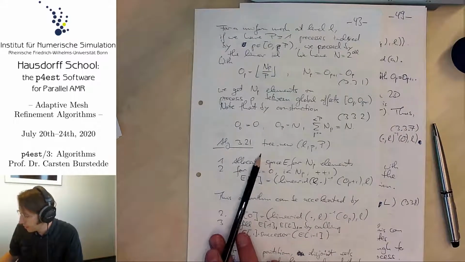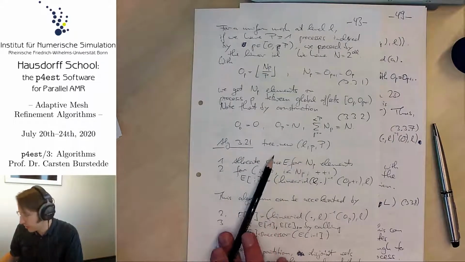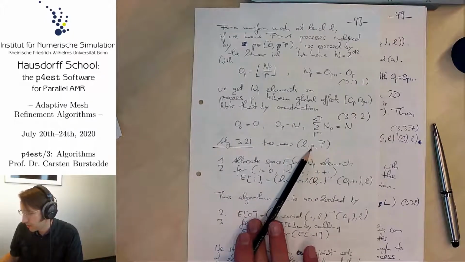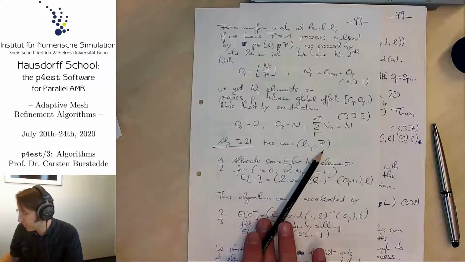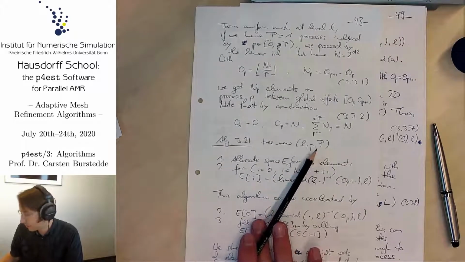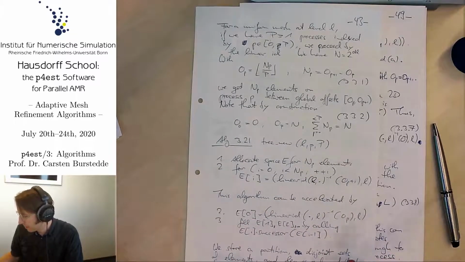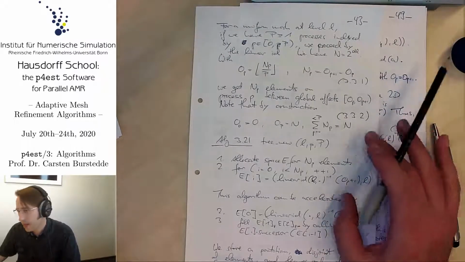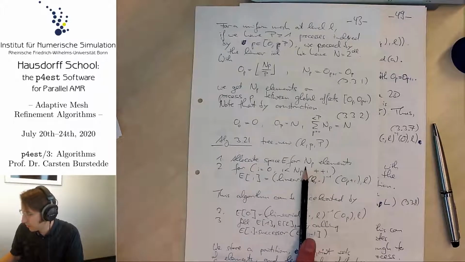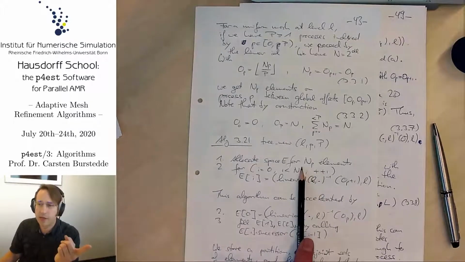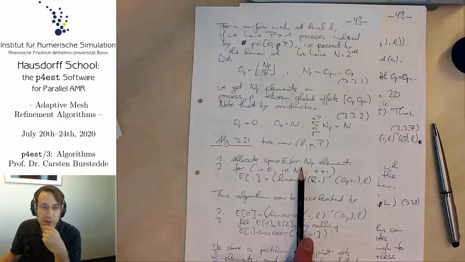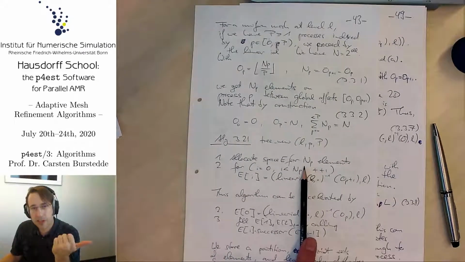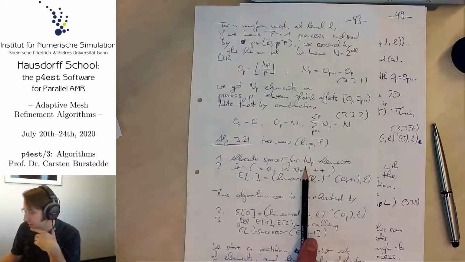So one version of this tree construction, if you begin with a uniform level little l, execute this on some little process little p out of 0 to big P exclusive, you would basically just have this very simple loop. Allocate space for the known number of elements, which is in my code this array of quadrants, and this array will encompass x, y, z, and the level in 3D.